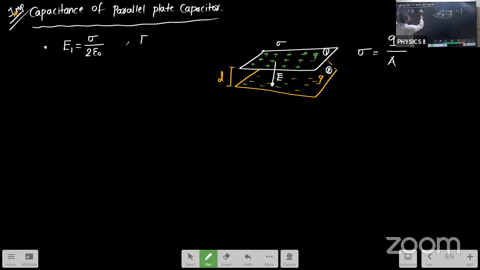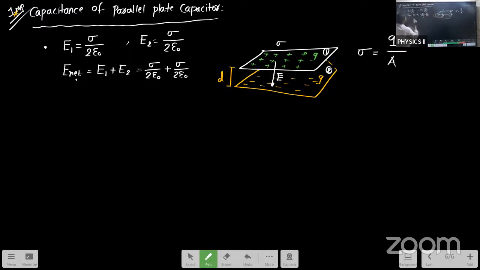Similarly, electric field due to the second plate will be sigma by 2 epsilon naught. What will be the net electric field? Our net electric field will become E net is equals to E1 plus E2. This will become sigma by 2 epsilon naught plus sigma by 2 epsilon naught.